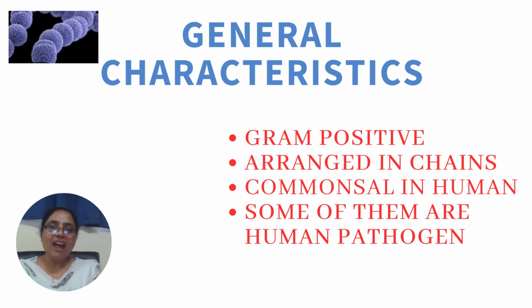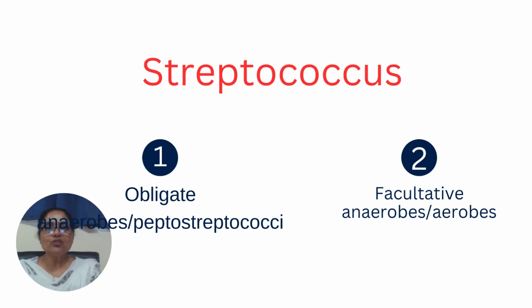So strepto means in chains and cocci is spherical in shape. This is gram positive. All the genus has this characteristic feature. Usually the species of this genus are commensal in humans, and some of them are pathogenic also. So we will be reading in detail about the organisms which are pathogenic to humans.